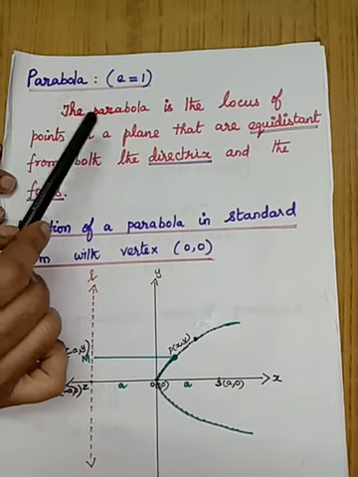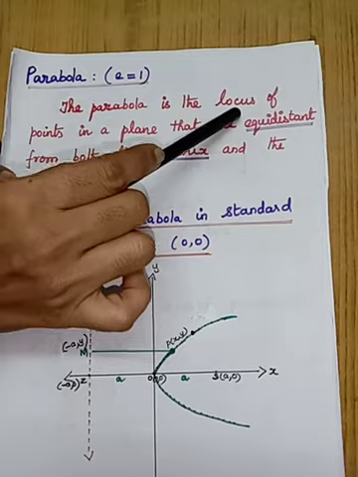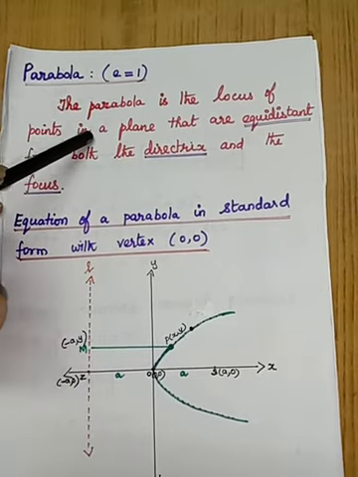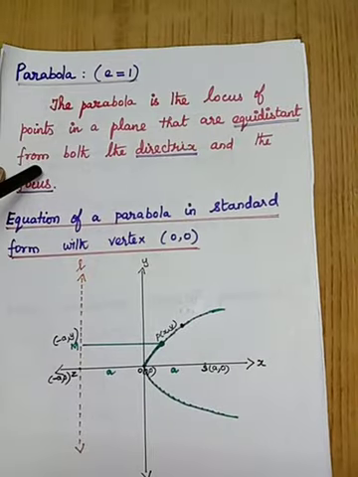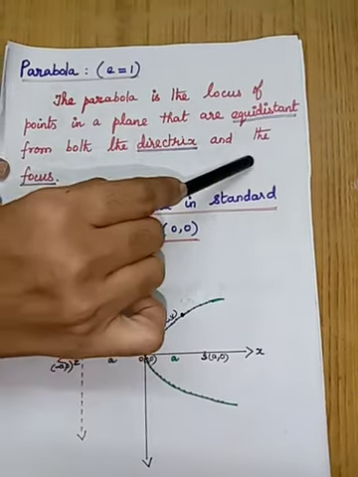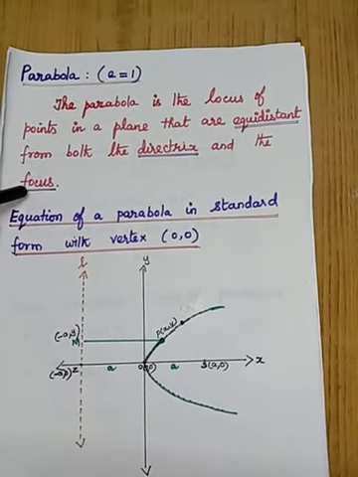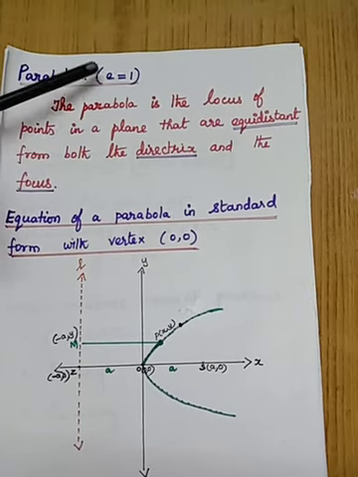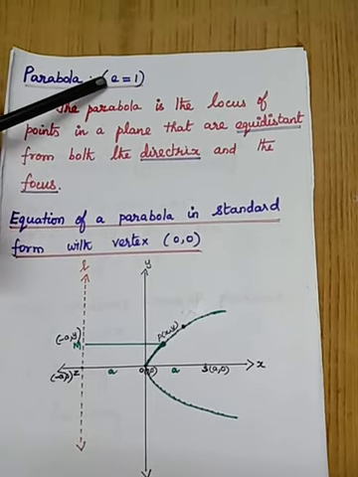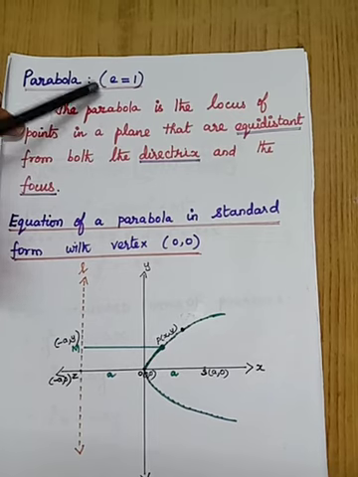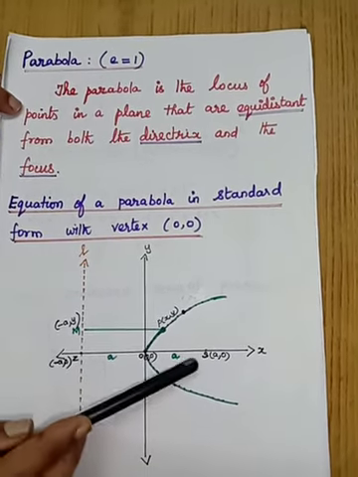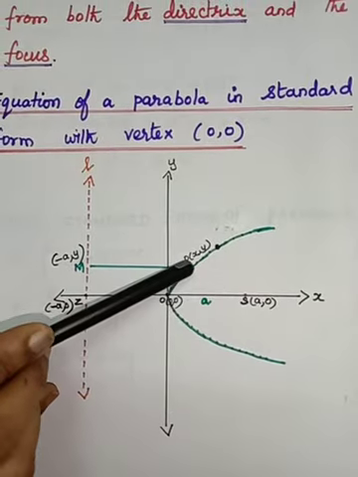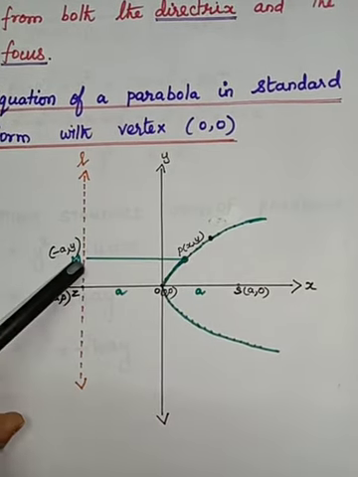You see the definition: the parabola is the locus of points in a plane that are equidistant from both the directrix and the focus. So what is e? It's a ratio between two distances. The one distance is SP by PM, so SP is equal to PM.